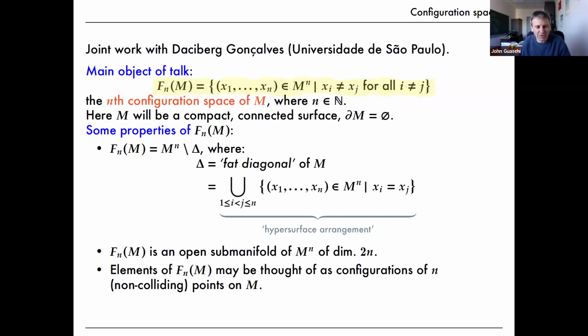A lot of work has been done also in relating these configuration spaces to robotics and motion planning and that kind of thing. I'm not at all an expert on that, but a lot of work has been done in that area.